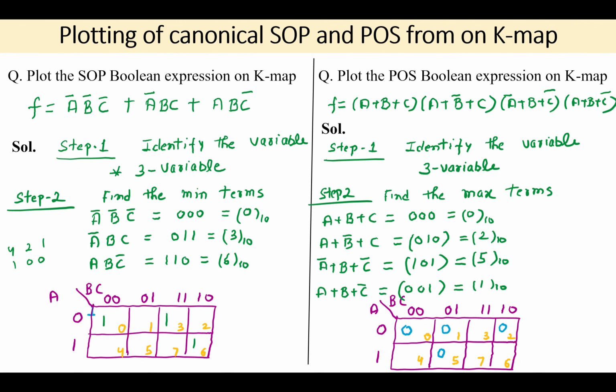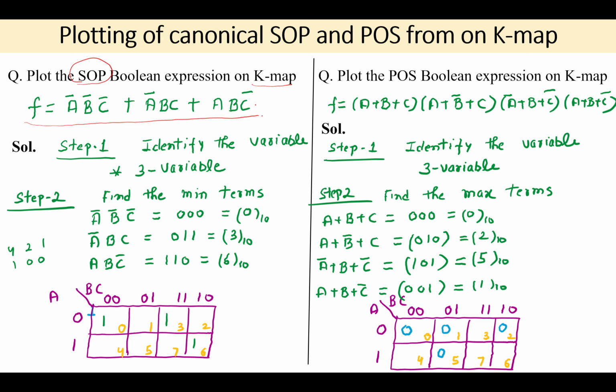Now I will take some important examples. First we will solve this question: plot the SOP Boolean expression on a K-map. This Boolean function is given here. It is an SOP expression, a sum of products.